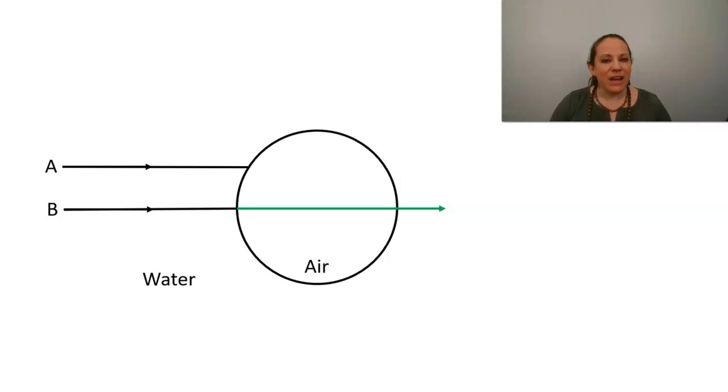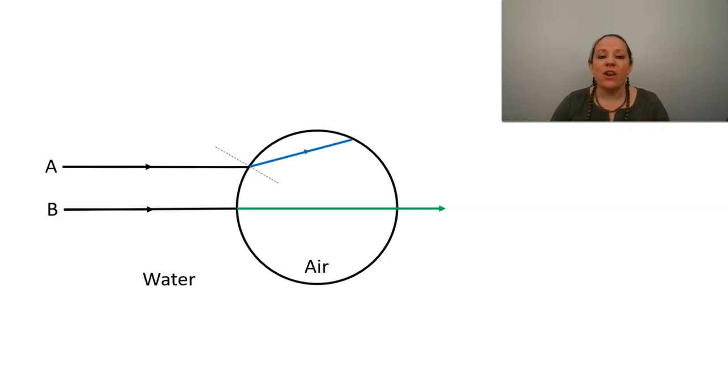And I find it helpful for figuring out what's going to happen with ray A to sketch the normal at each interface. So here would be the normal for the point where A first intersects the air bubble. And since we're passing from a material with a higher index of refraction to one with a lower index of refraction, our ray is going to bend away from the normal line.